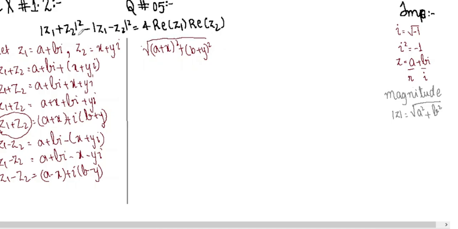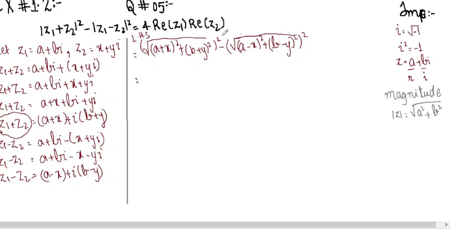You can see this magnitude has a square upon it, so we are going to give it a square also. Minus, again, z1 minus z2, where it is a minus x whole square plus the imaginary part b minus y whole square, with a square root and then a square upon its head. Now this is the left hand side. Sorry, I forgot to write here left hand side.